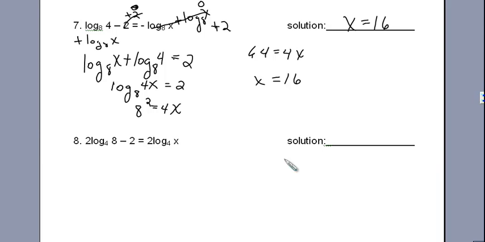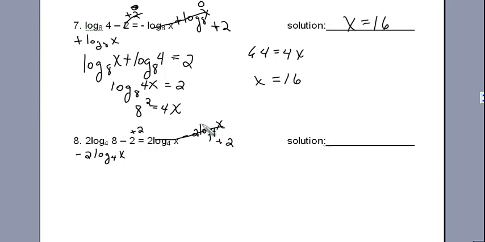Same thing goes with number 8. You're going to subtract 2 log base 4 of x from both sides. And you're going to add 2 to both sides.